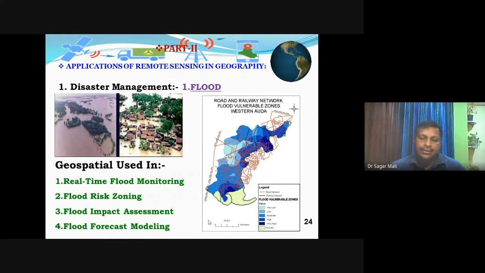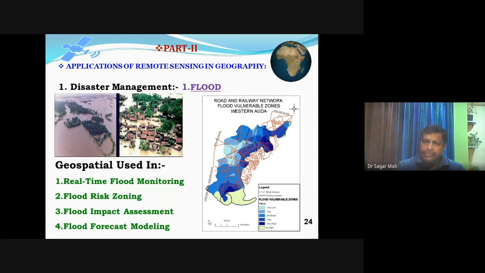Before the flood occurs, we can make the flood risk zoning. Every year, a certain area is submerged. So by taking this every year data, we can make the flood risk zonation map. During the flood time, we can mark those areas, and before the flood, we can move the people of that area to the safer side.